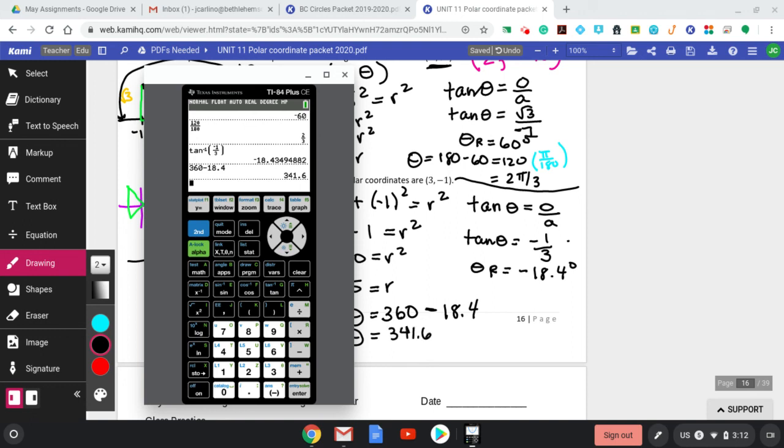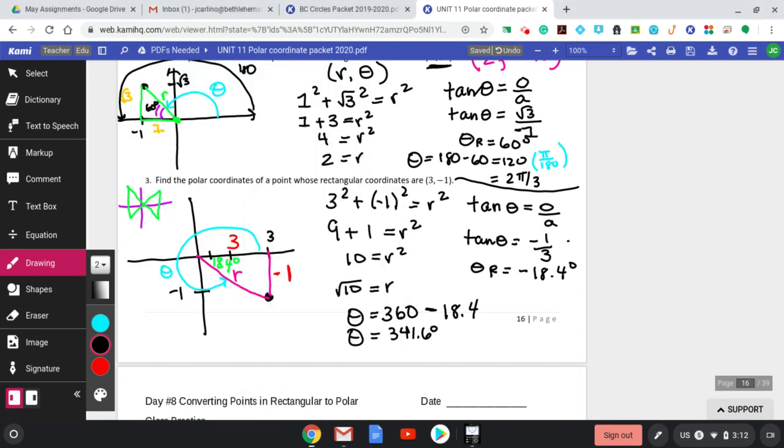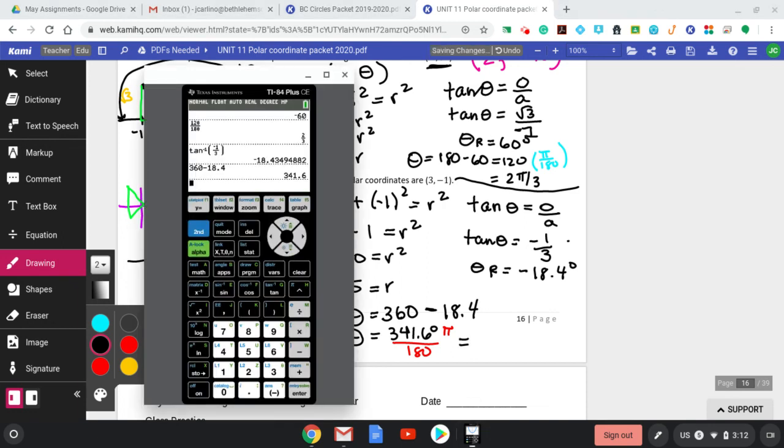341.6 degrees. All right, well, let's convert that sucker to radians by multiplying it by pi over 180. And that'll be equal to, let's see, 341.6 over 180. I got a fraction. Can I turn that back into a fraction?